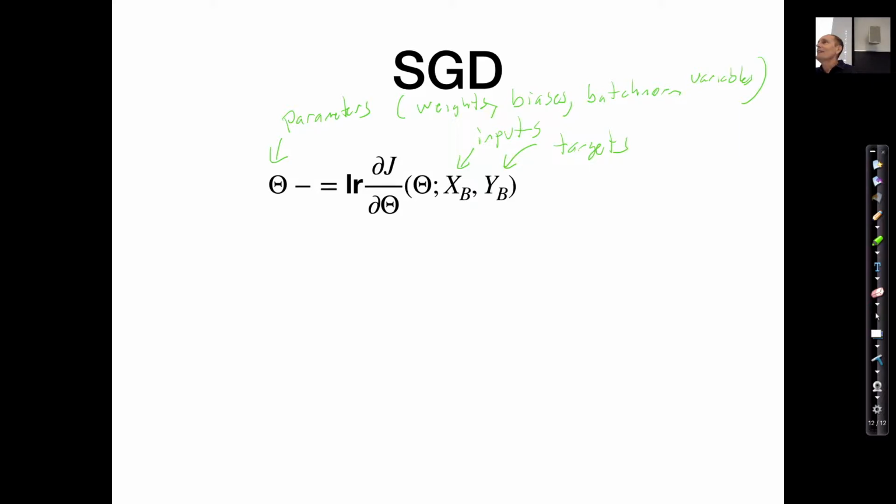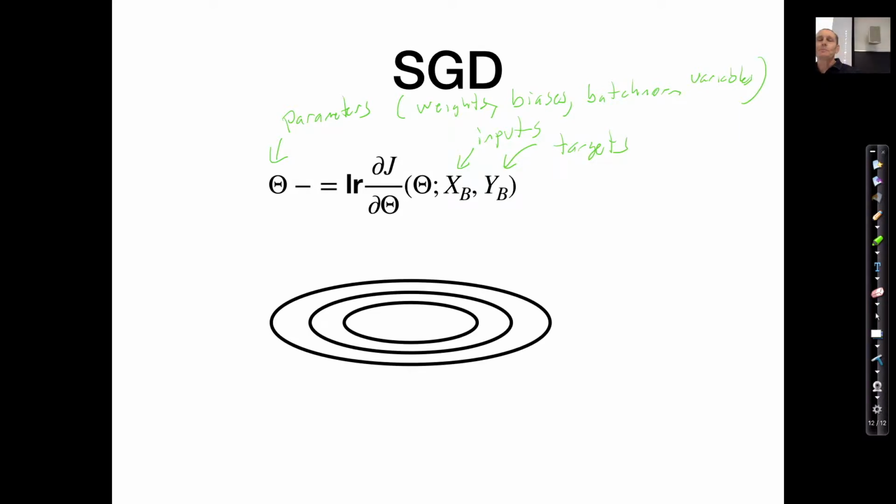So that's stochastic gradient descent. In the extreme case where we just have one input, we basically have a batch size of 1. All right, so let's say we've got a bowl shape, an elliptical bowl that is our loss function.